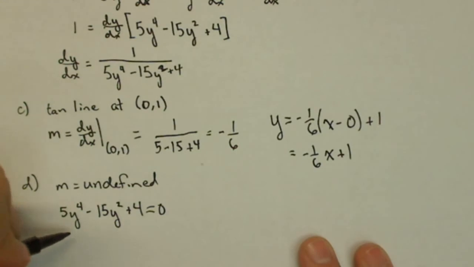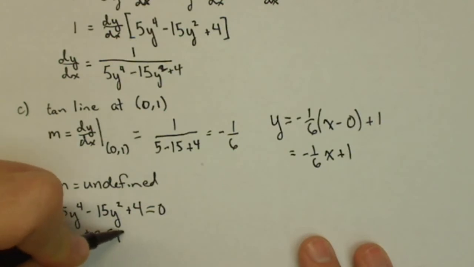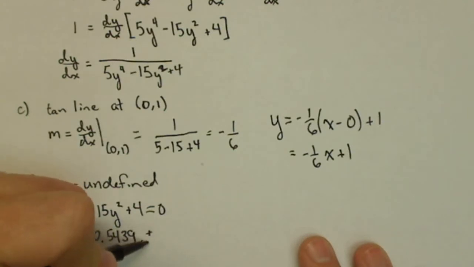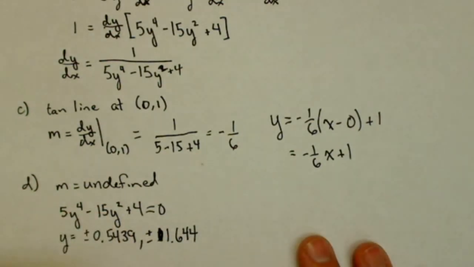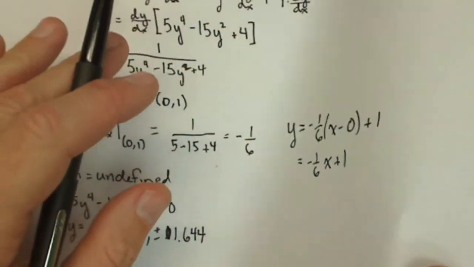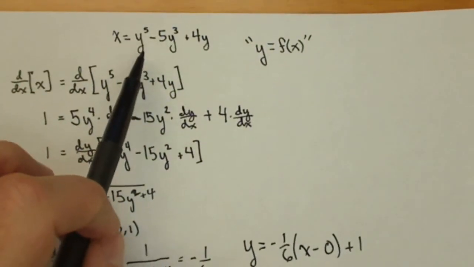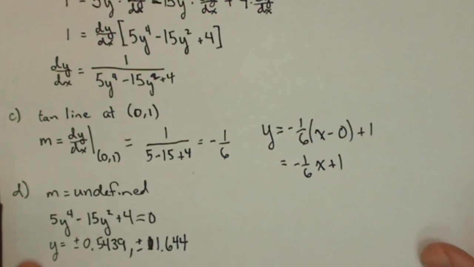If you do that, you're going to get the y values plus and minus 0.5439 and plus and minus 1.644. Now, to find the x's associated with that, you plug these into the original function to see what points those are.